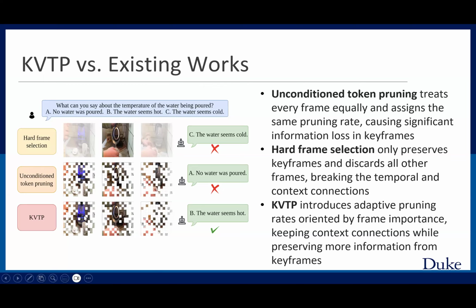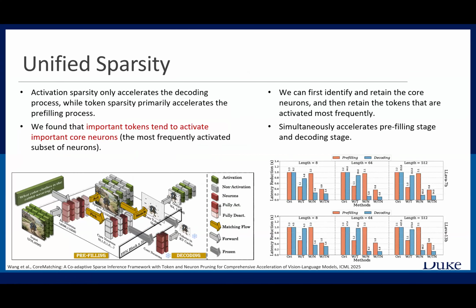With those that are very important, we maintain the majority. But for some others, we can still keep some relevant information, and so demonstrate a better trade-off between efficiency and performance.